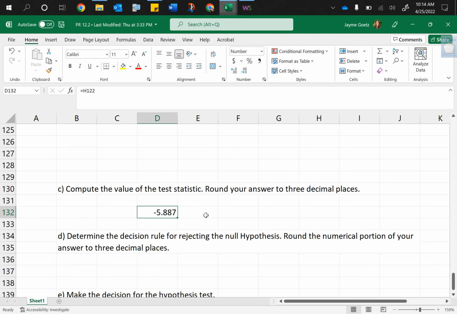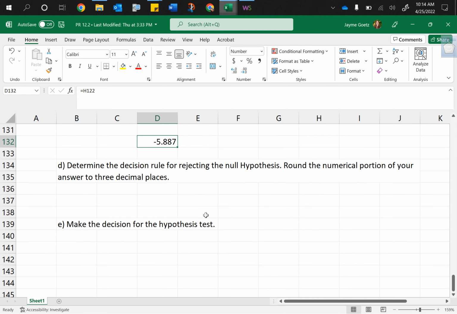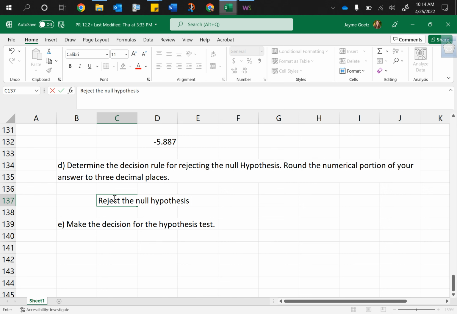Okay. Part D, determine the decision rule for rejecting the null hypothesis. Round the numerical portion of your answer to 3 decimal places. Here's what that means. That means we want the decision rule. That means we are going to reject the null hypothesis if t is what?